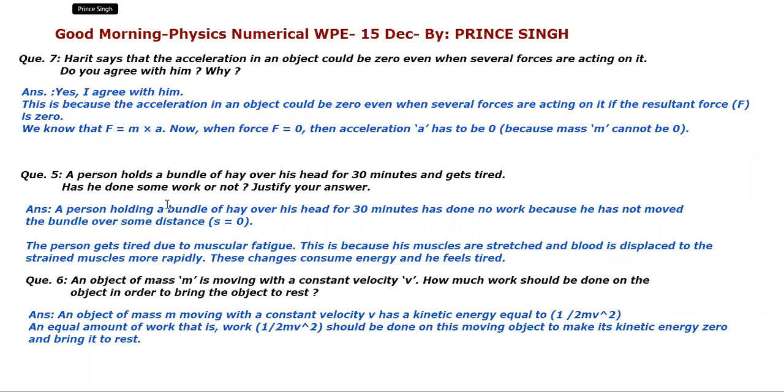Acceleration in an object could be zero even when several forces are acting on it. Suppose three forces are acting from front and three forces are acting from back. So total six forces are acting. But if both sides forces are equal, then the resultant force will be zero. The acceleration will be zero. Okay.